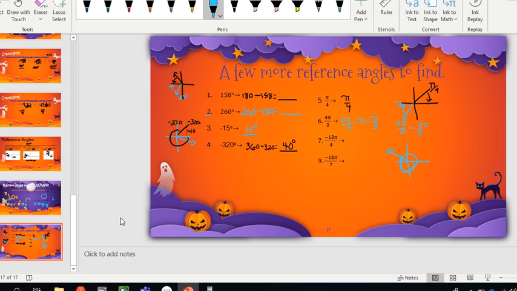Somewhere in here. It's on the top piece. The reason I wanted to know this is negative 13 pi over 4 means it went around 3 and a little bit more.